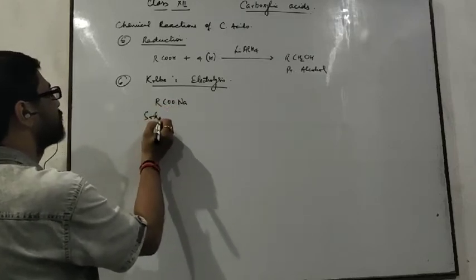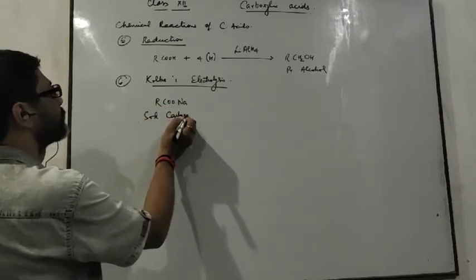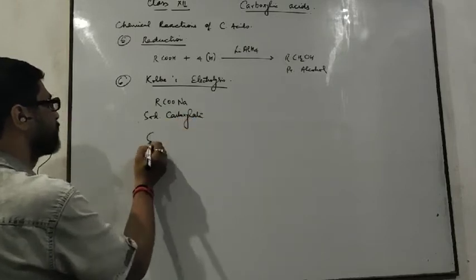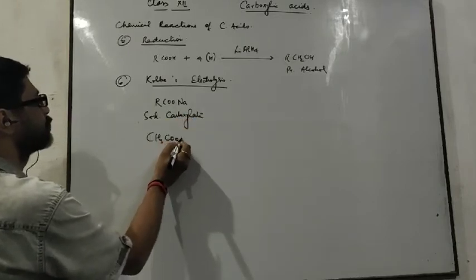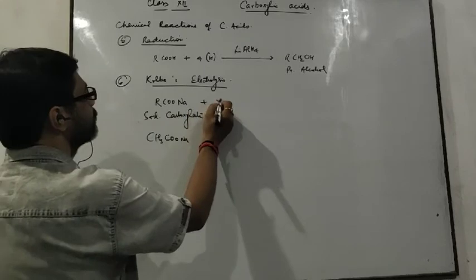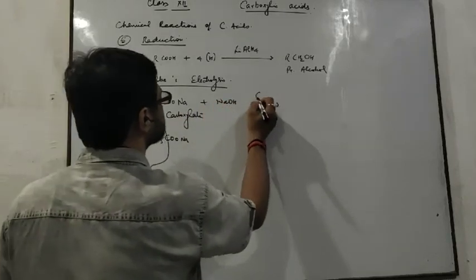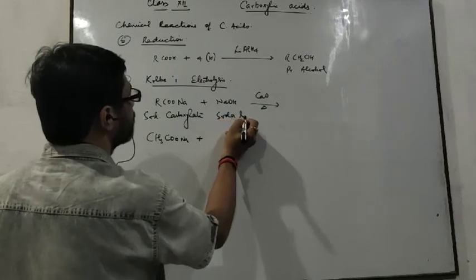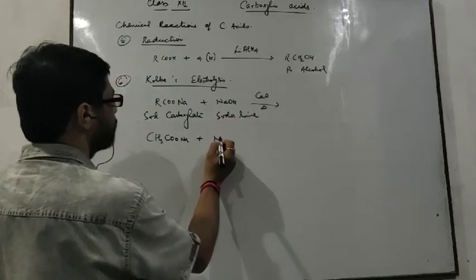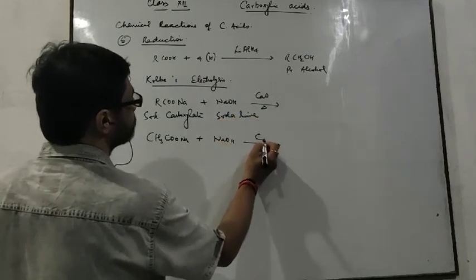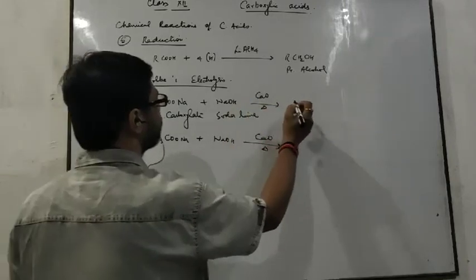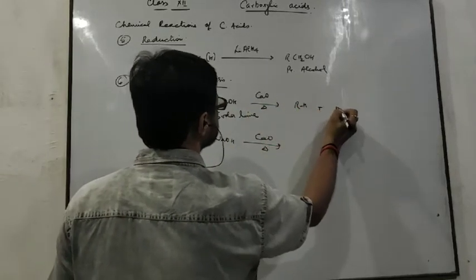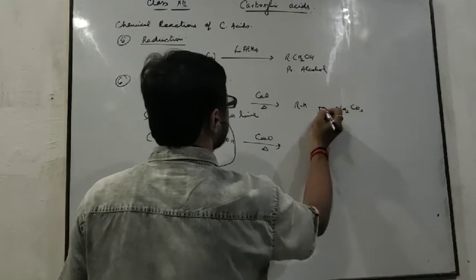This one is sodium carboxylate, like CH3COONa plus NaOH and CaO, means this one is soda lime. In presence of soda lime, on heating they form RH. What is RH? RH is alkane.